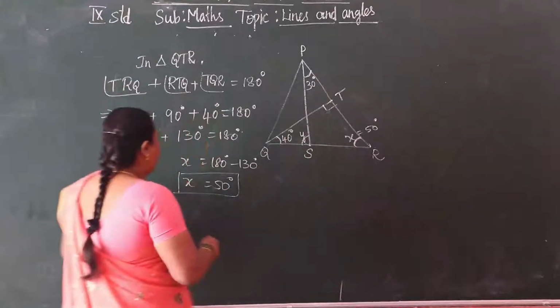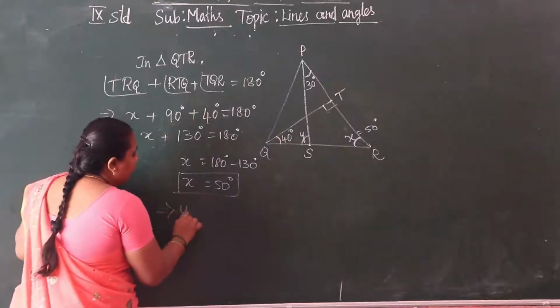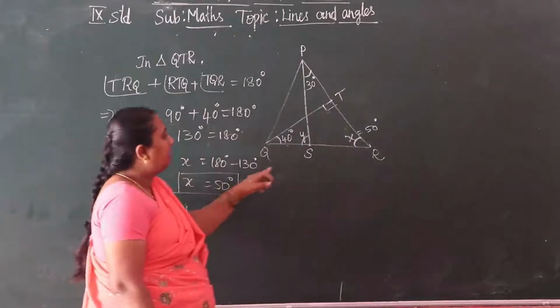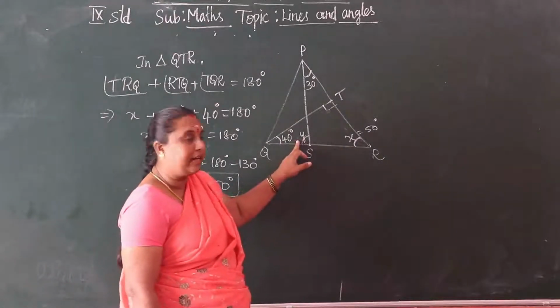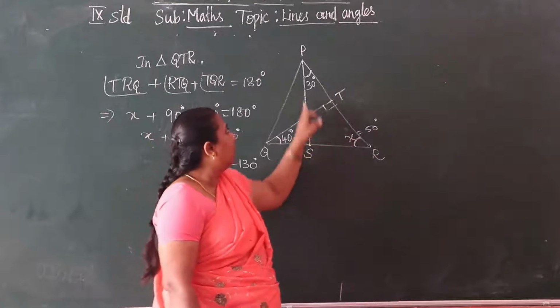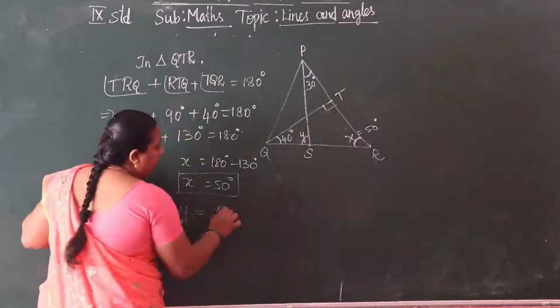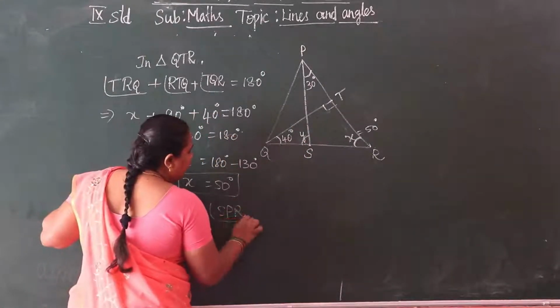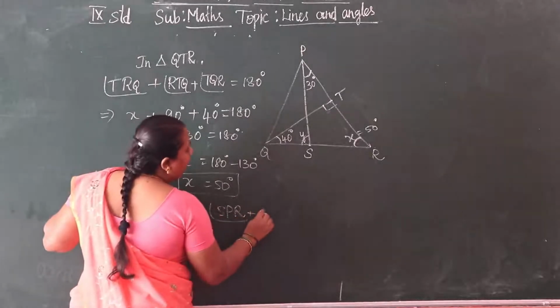Is it right? So angle Y, that is the exterior angle, equals angle SPR plus angle PRS.